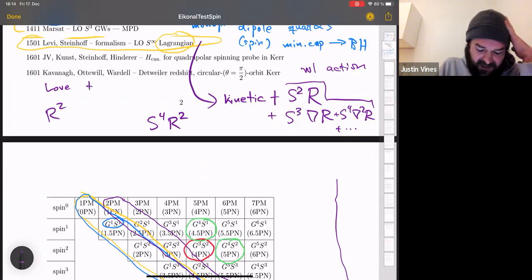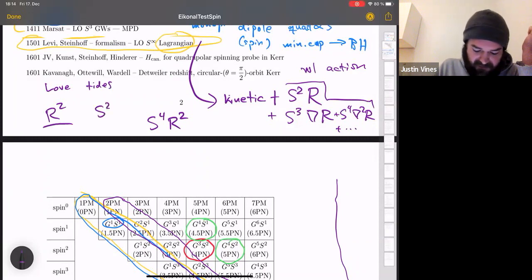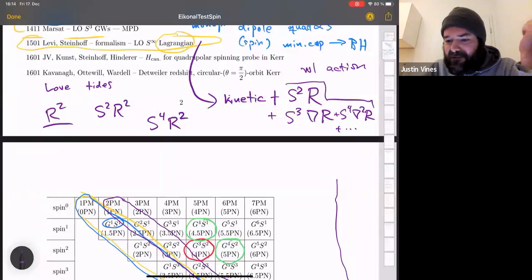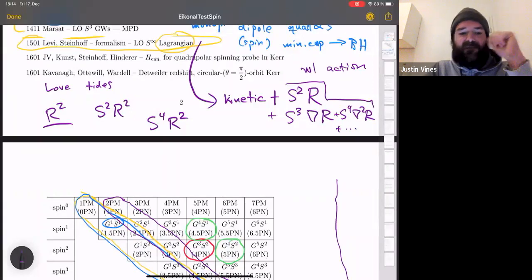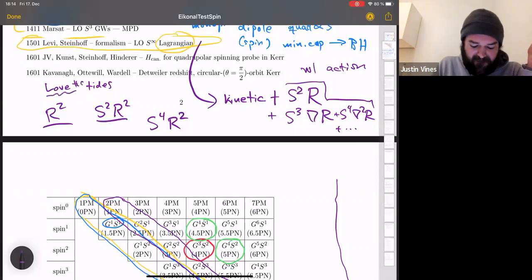Love tides, that's like Riemann squared with no spin. You could also have spin squared Riemann squared before you get to this spin to the fourth Riemann squared, and other things as well with derivatives and odd numbers of spin. But yes, there is a lot of work trying to figure out the coefficients here, which are these Love numbers.